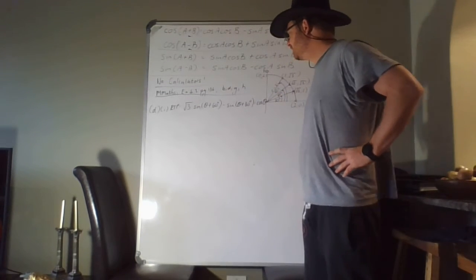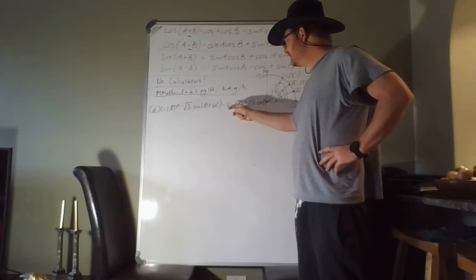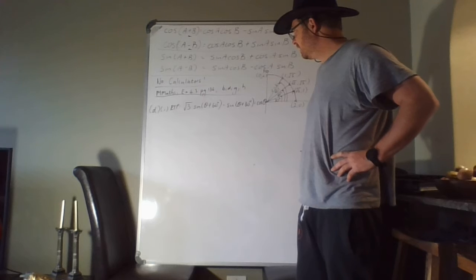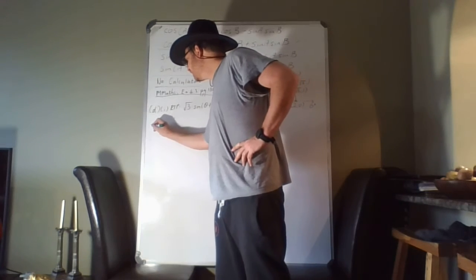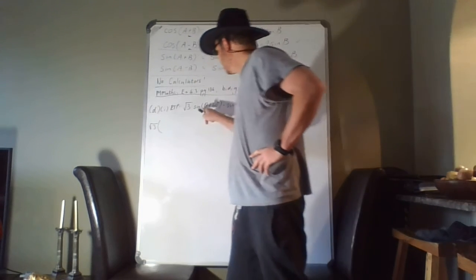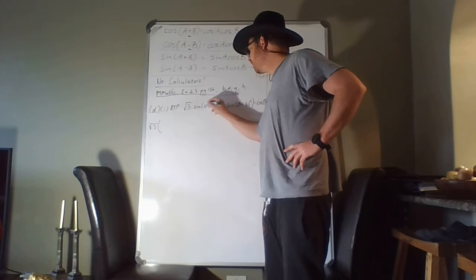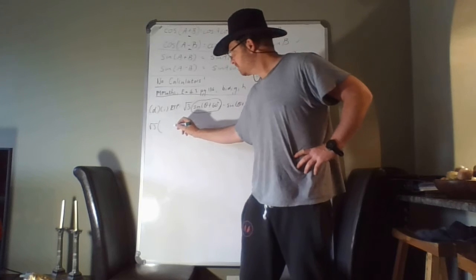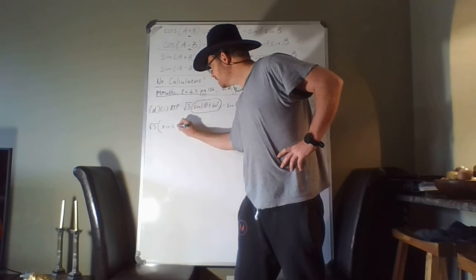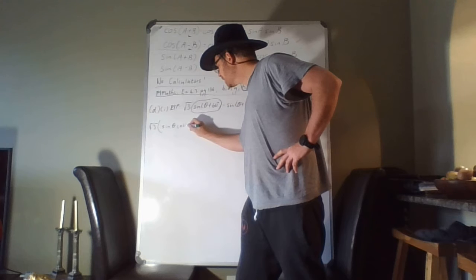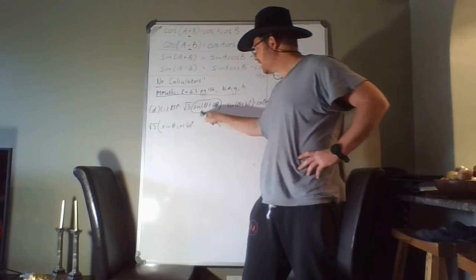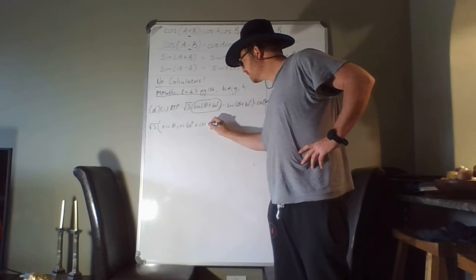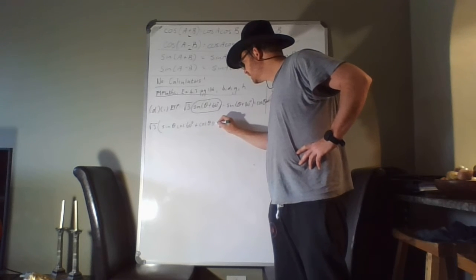Right, so the next question says, show that root 3 sine theta plus 60 minus sine theta plus 30 is equal to cos theta. So let's work with the left-hand side. So the left-hand side is going to be root 3 times the whole expansion of this. And sine theta plus 60 expands to sine theta cos 60, with sine it's the same sign, so it's a plus, and they swap around, cos theta sine 60.